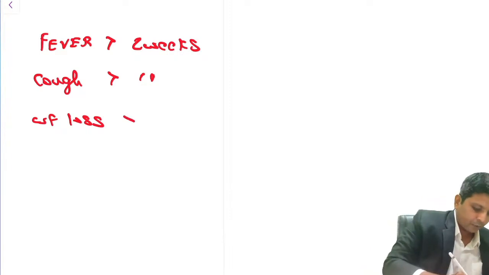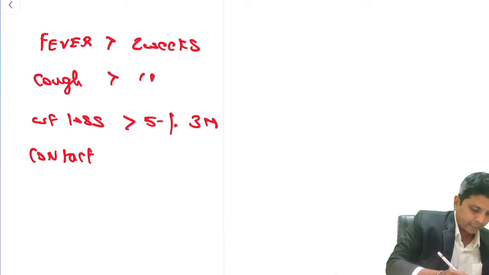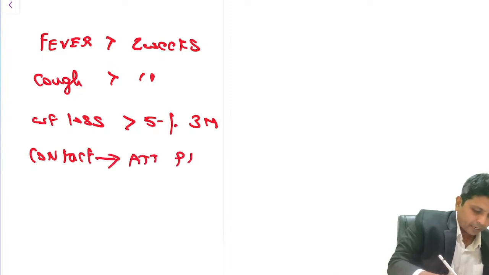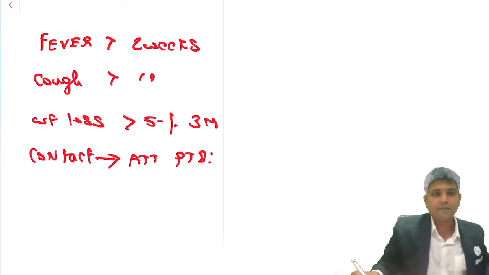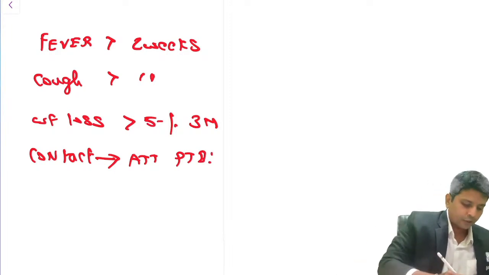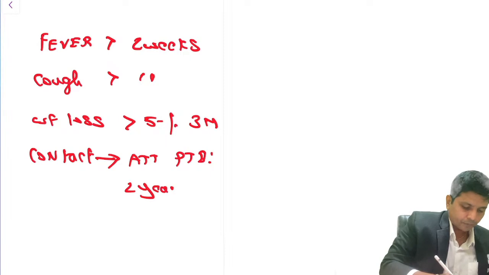So weight loss of more than how much? 5% in the past 3 months. And a positive contact. Contact means a person who took ATT for pulmonary tuberculosis within 2 years from now.